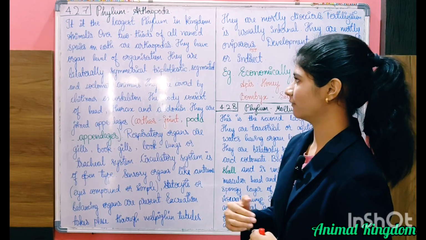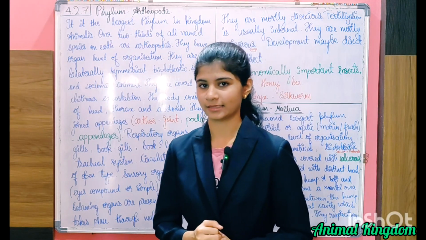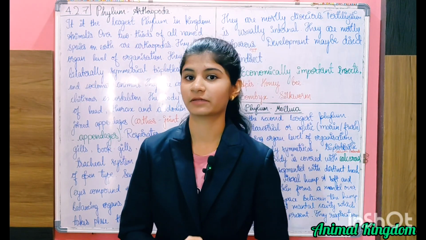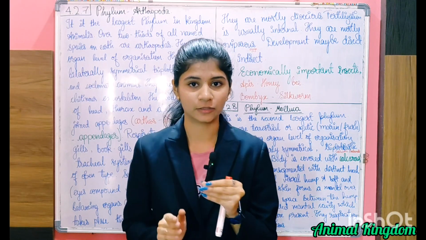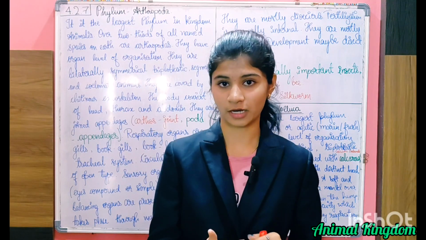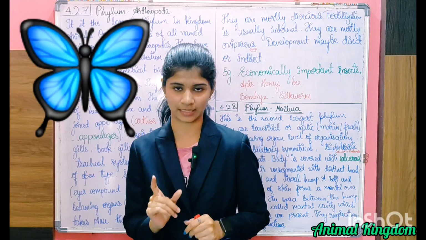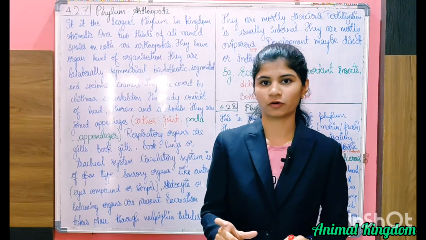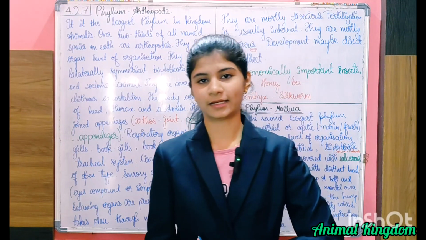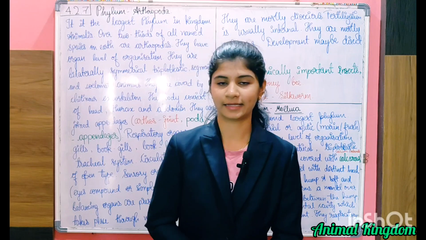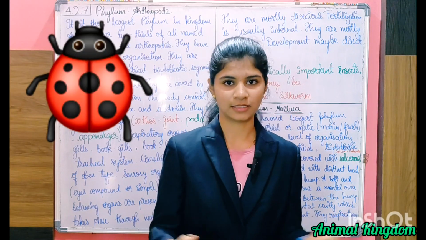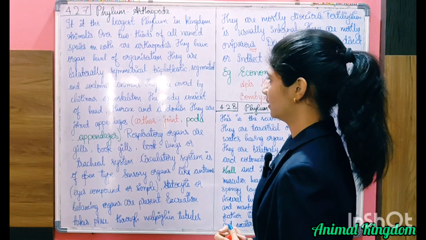They have organ level of organization and they are obviously bilaterally symmetrical. If for example the butterfly is there, if we cut it into half, then you will get the two halves of the single insect. So it is the best example, the butterfly. You can take any of the insects, like the ladybird, etc. There are many insects.